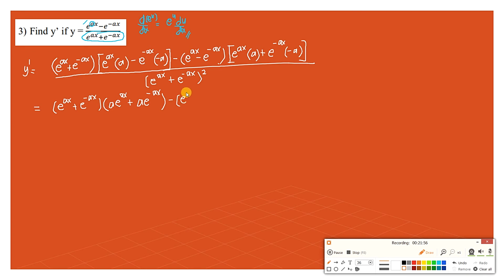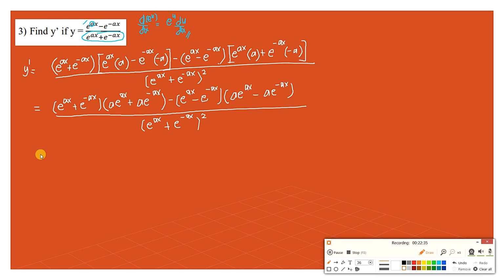Minus e raised to ax minus e raised to negative ax times a e raised to ax, positive times negative is negative, a e raised to negative ax. So, magkaiba rin yun. Isang positive, isang negative. Okay, divided by e raised to ax plus e raised to negative ax raised to 2.